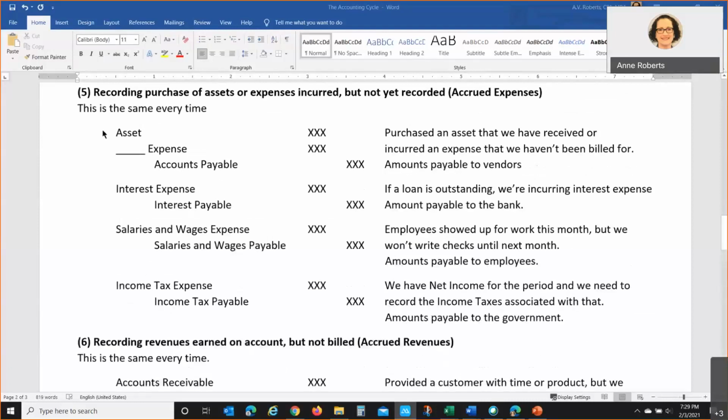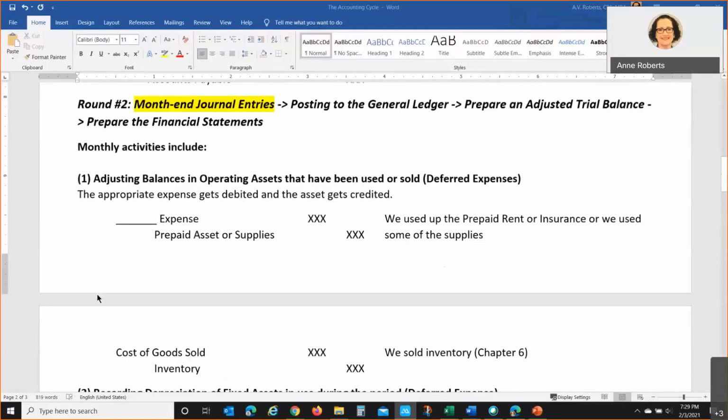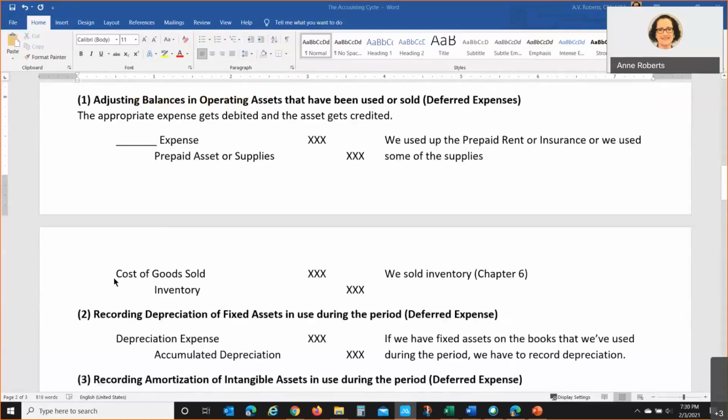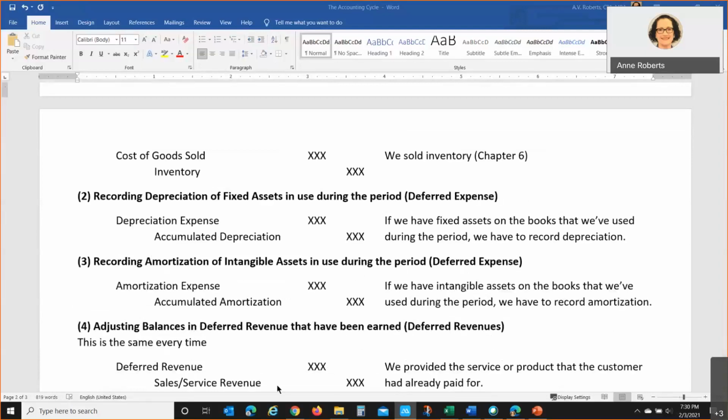Now let's look at item number 5. Let's think again about recognizing the patterns in the items. When we get down here to our month-end journal entries, the pattern for 1, 2, and 3 is that these are all recorded assets that are now becoming expenses. In 4, this is a recorded liability that is now becoming revenue.